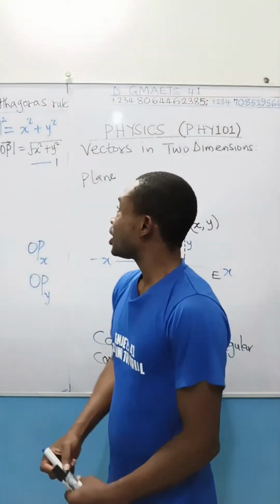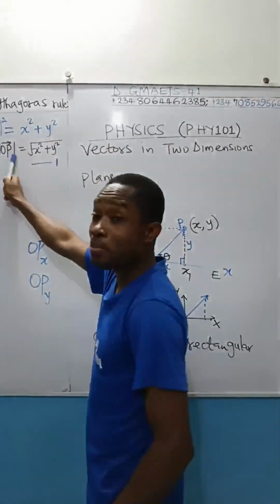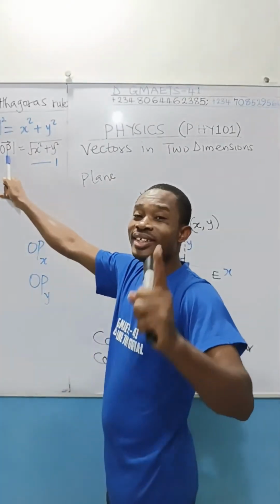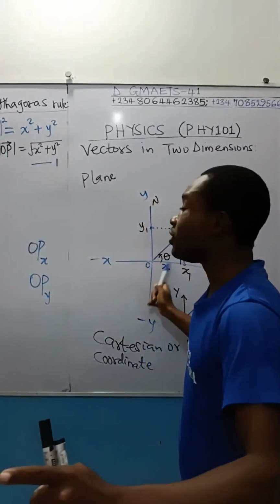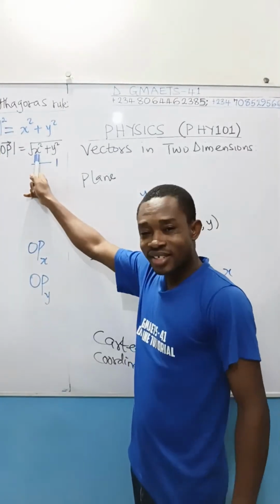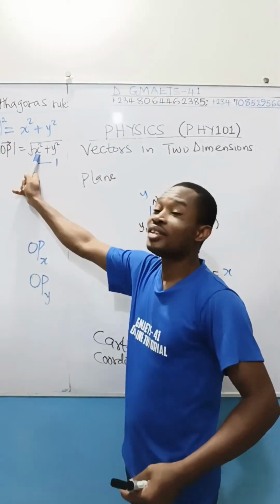No time. Now, if you get the magnitude, this is the magnitude. Please, all these things, you have to define them in your notes. OP is the magnitude of the vector. This X you're seeing here is the value of OP in the x direction.